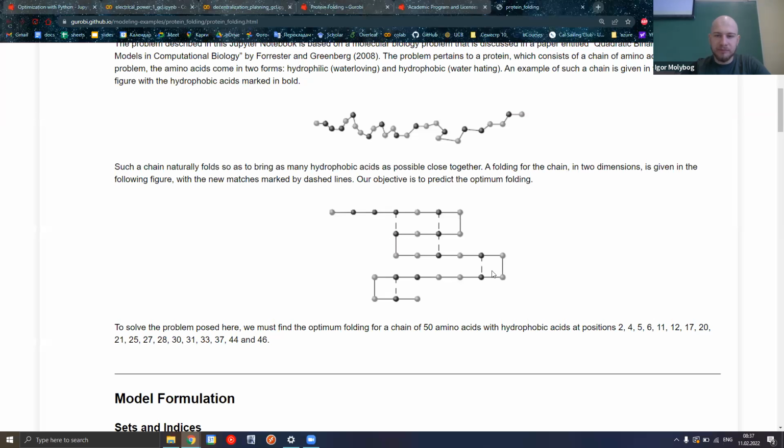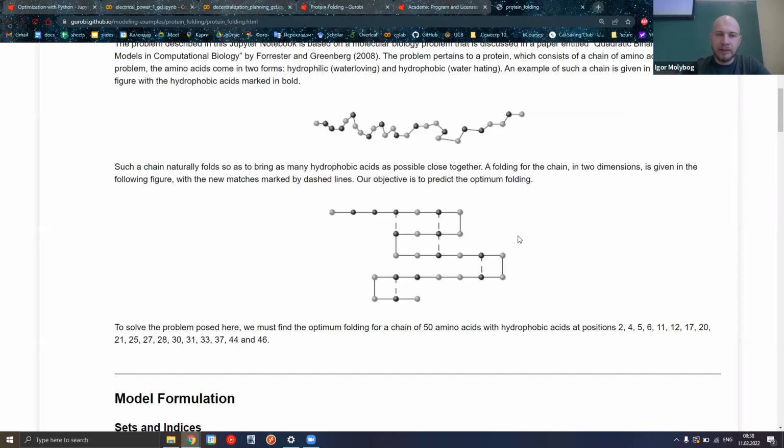construct some zigzag that puts black dots close to one another as often as possible. And we are predicting that the state of minimal energy, the state in which as many hydrophobic acids as possible are put close to one another, is the state in which we will eventually find our protein.